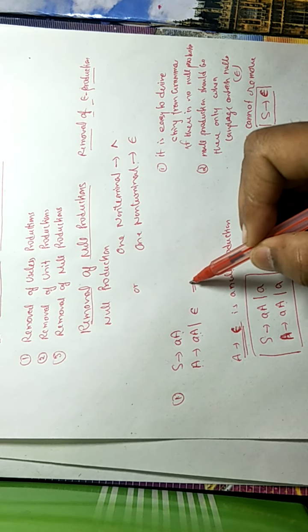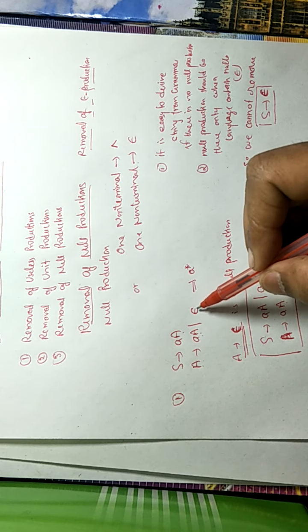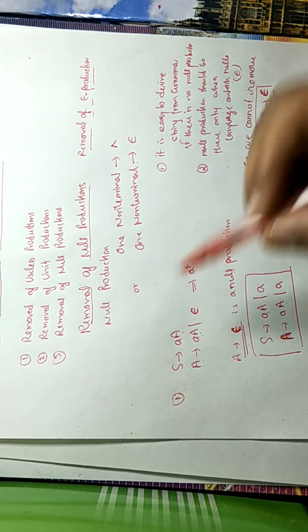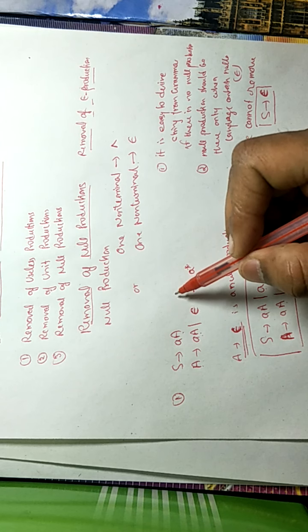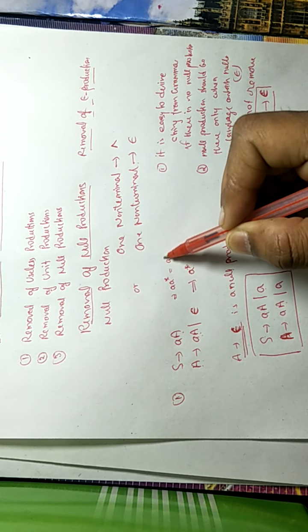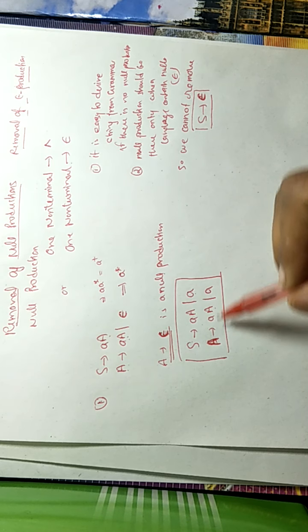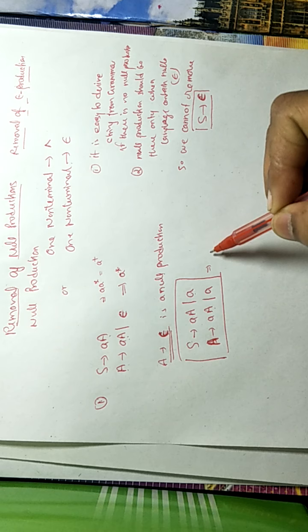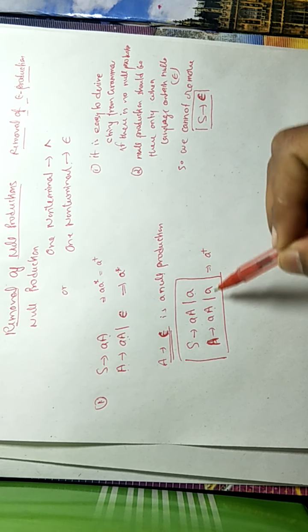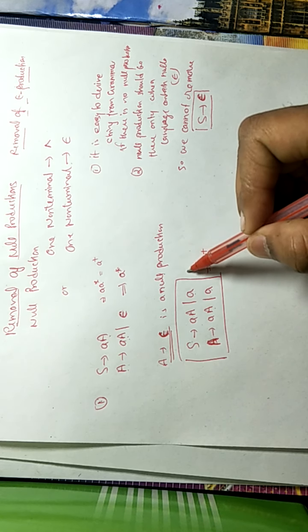In the old grammar, production A is used to derive a closure, repetition of a including epsilon, and S is used to derive a closure. It means a positive closure. Now look at the new grammar. Capital A is used to derive a positive closure, a, aa, aaa, and S is used to derive the rest.